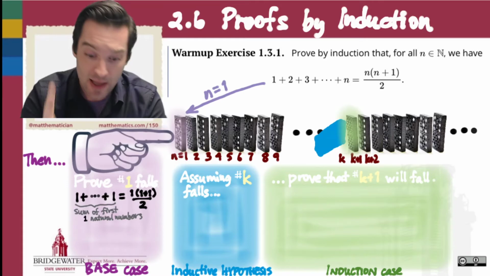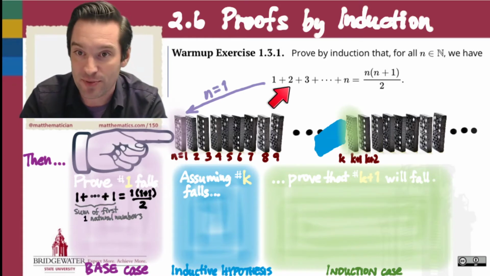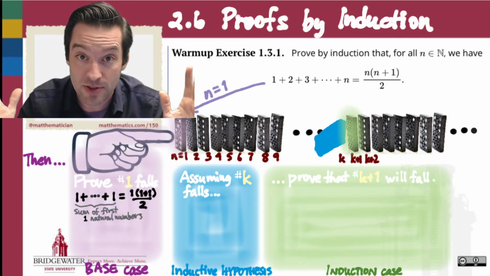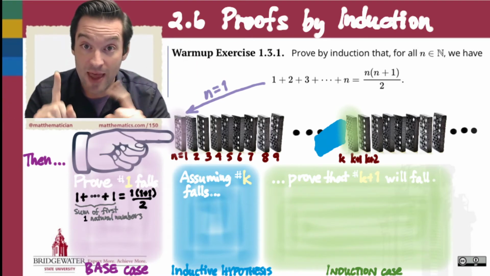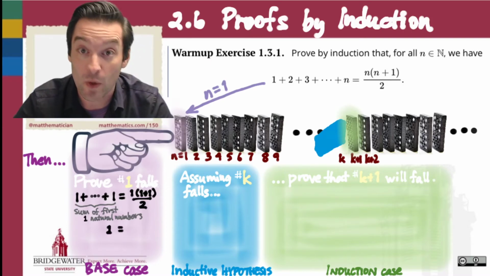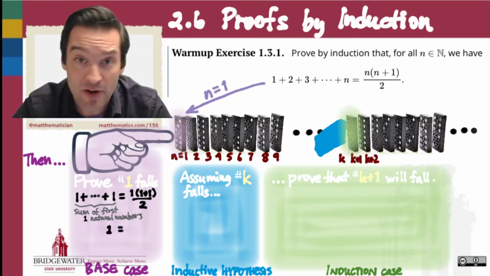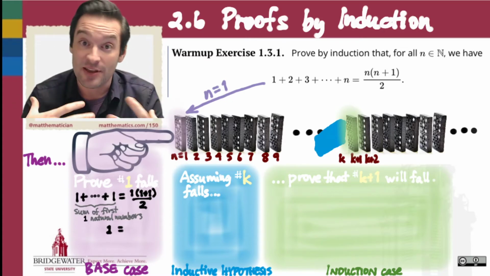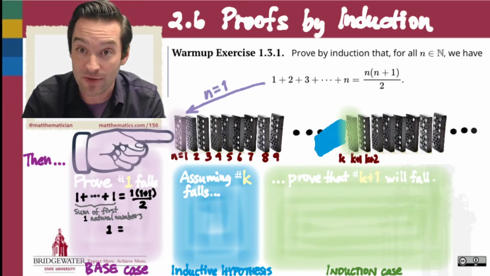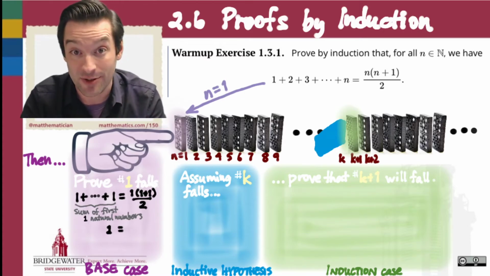Just 1. And so the fact that there's a plus 2 and a plus 3 and other dots in the middle here is completely not relevant to our base case. In our base case, we only have one summand on the left-hand side, and that one summand is just 1. So very often that's the trickiest part, is just interpreting what is intended by this general claim well enough so that you can figure out what the base case should actually look like.